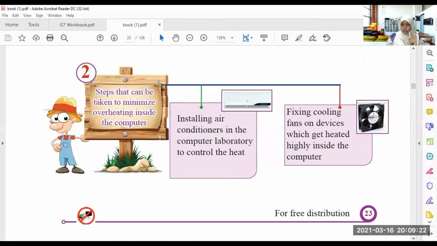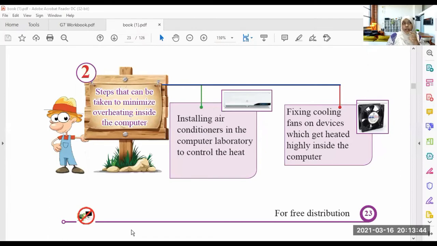I know there are some laboratories that are not using air conditioners, but there are some computer laboratories where they have already installed the air conditioners, but they are not using them.